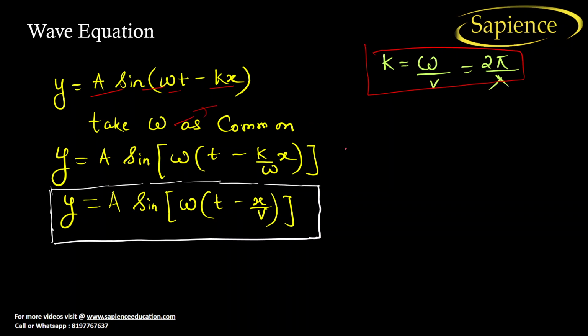If you take ω as a constant, y is equal to a sin ω(t − kx/ω), where ω is common, so this will be k by ω. Now k by ω is equal to 1 by velocity. So if you take ω as a constant, you get the equation like this. I hope you have understood this.